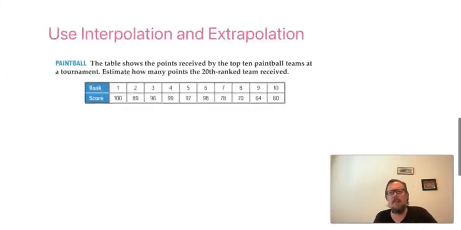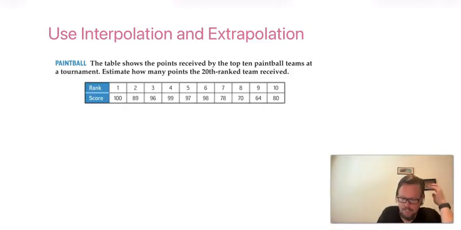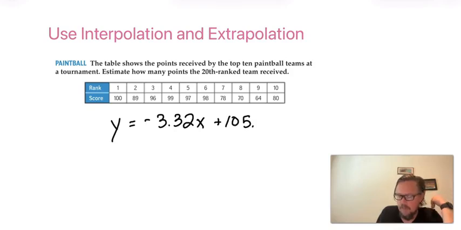Let's go back and put this in mathematical terms though. The linear regression on the calculator gives me y equals, and I'm going to estimate here, negative 3.32x plus 105.33. This came from linear regression on the calculator.